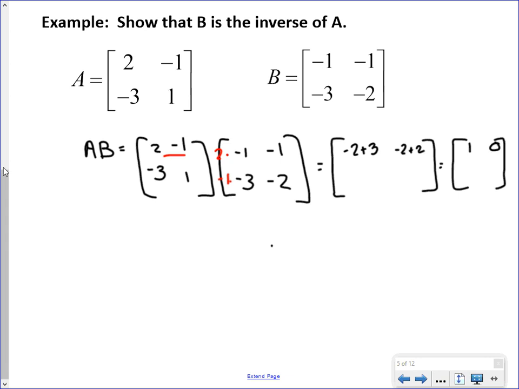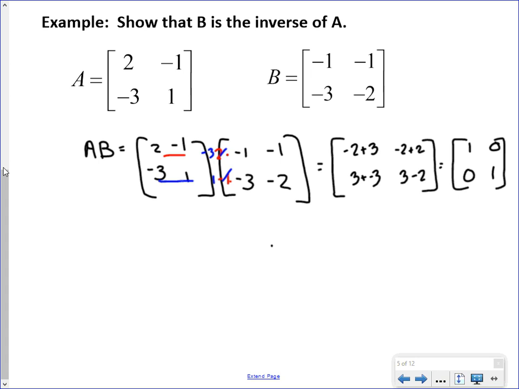Well, that's 0. Go down and grab that second row for multiplication. So now do -3 and 1 times the first column. So we'll get +3 plus -3, which gives me that 0. And then I'm taking my second row times my second column. That will be +3 minus 2, which is 1.